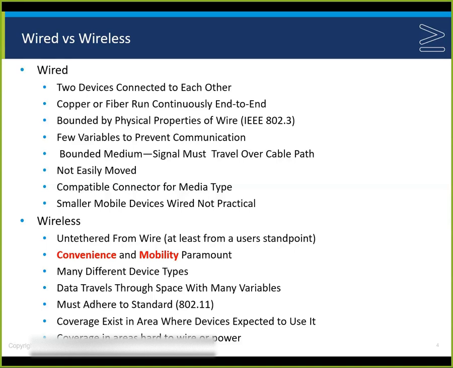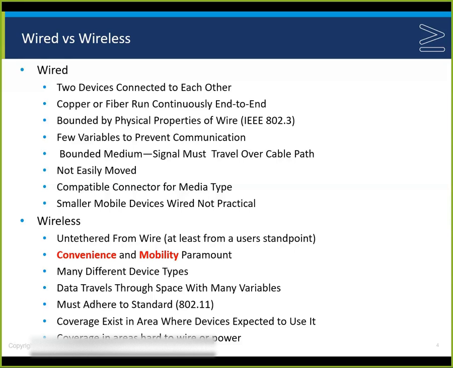Where does it go on the punch down block? What port on the switch is it connected to? So that you can now check for end-to-end continuity, and you know where you're supposed to go. Wire maps are not one of the more glamorous things that are going to happen, but a wire map is something that you need to do. Anyway, not easily moved. Compatible connector and media type, yeah, we've got all of that.